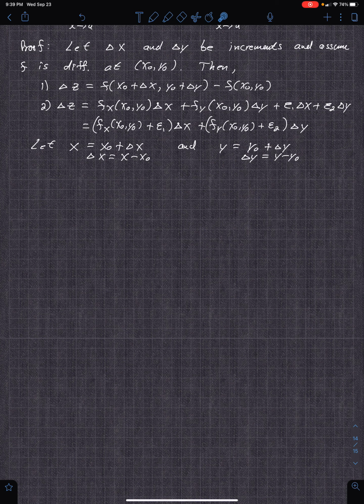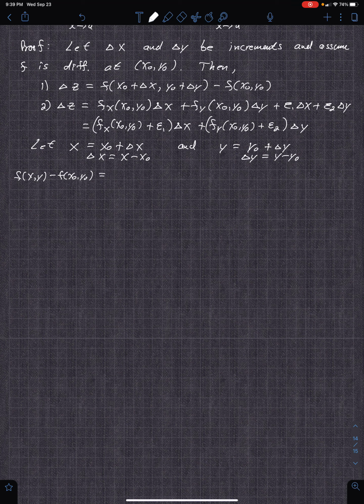Okay, then substitute, and we end up with this form. We end up with f of x, y, minus f of x naught, y naught. I'm just taking the difference because that's what I need to do eventually.